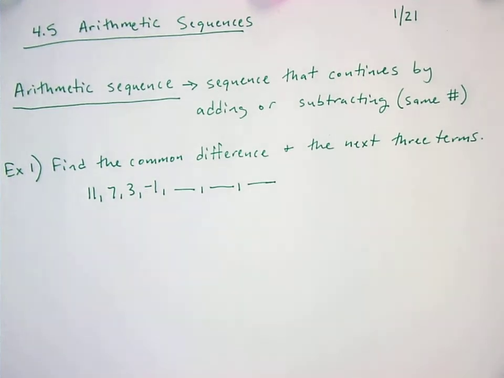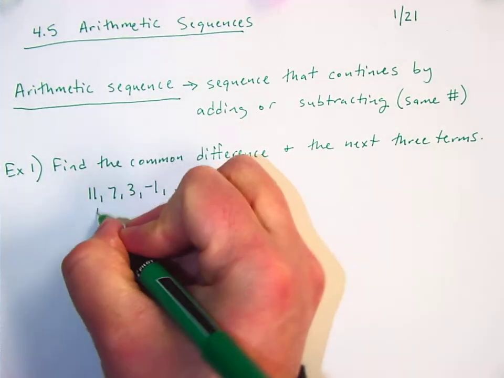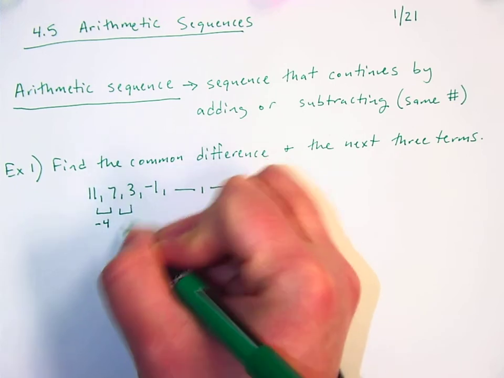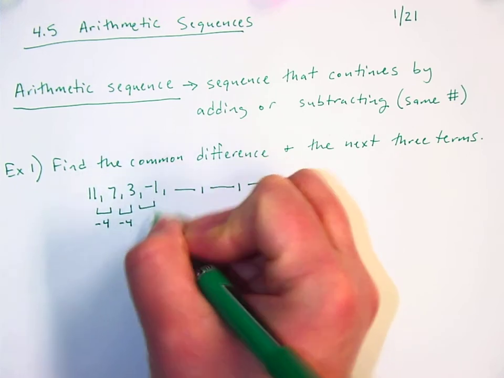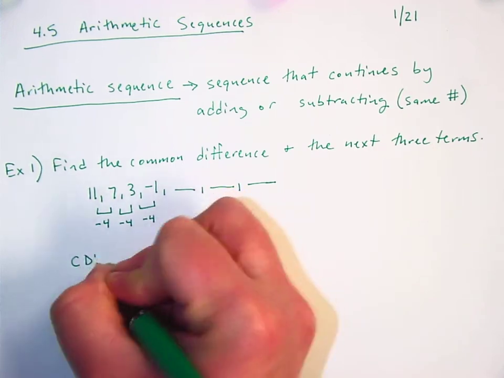So let's see. A common difference is how much it's adding or subtracting every time. So if you look at here from 11 to 7, that is a common difference of -4. That means it's going down 4, and then here it's going down 4 again, and here it's going down 4 again. So I'm going to write down that the common difference is -4.